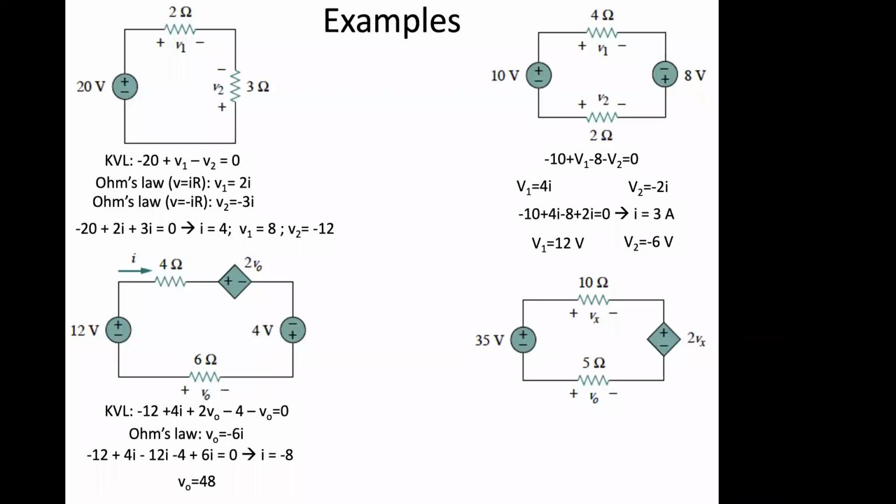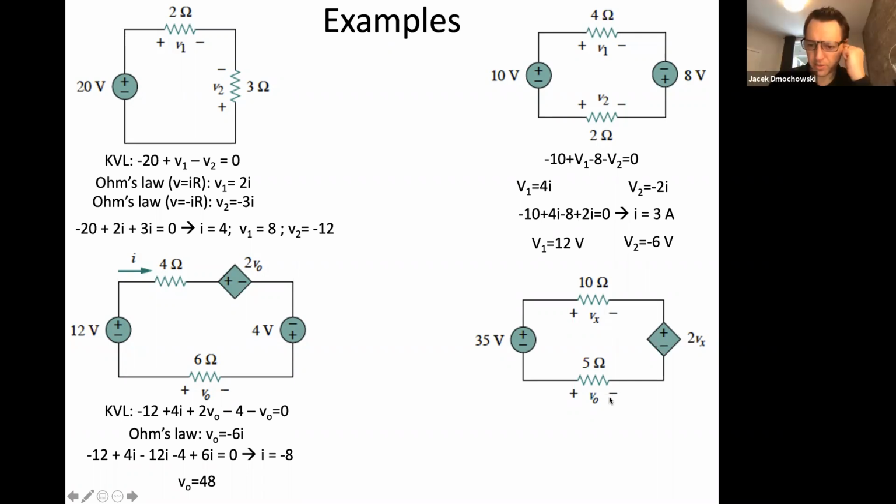It'll be negative 35 plus Vx plus 2Vx minus V naught. Yes. Excellent. Got it.